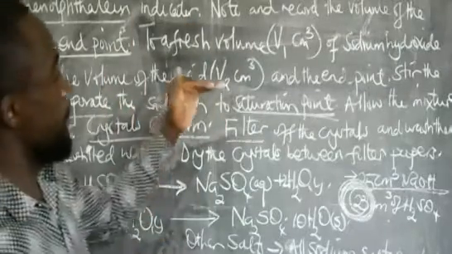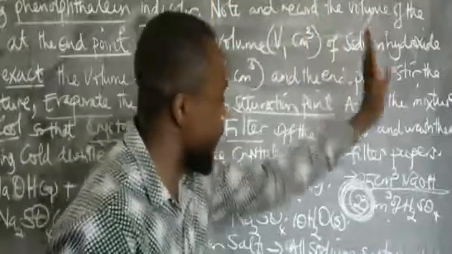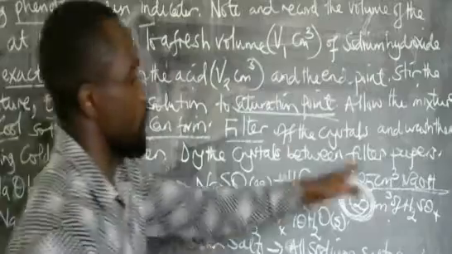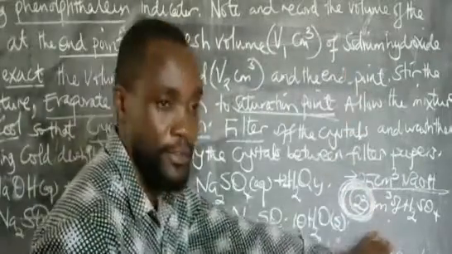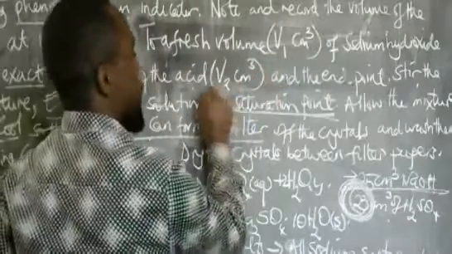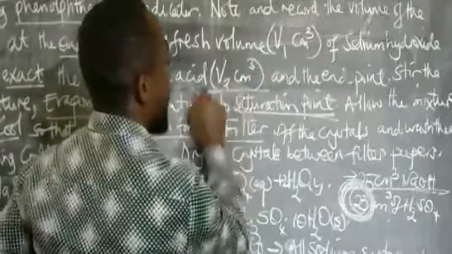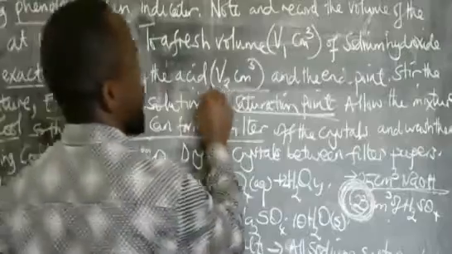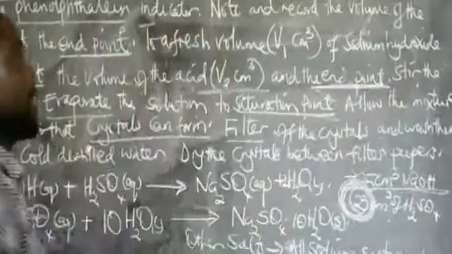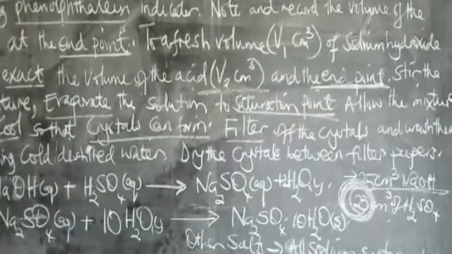If you have used 23, then for sodium hydrogen sulfate we shall use 46, twice as much volume of the acid you have used at the end point. That's how we can get sodium hydrogen sulfate.